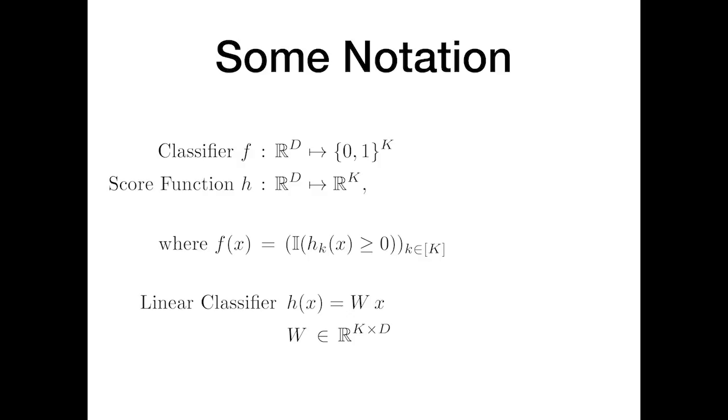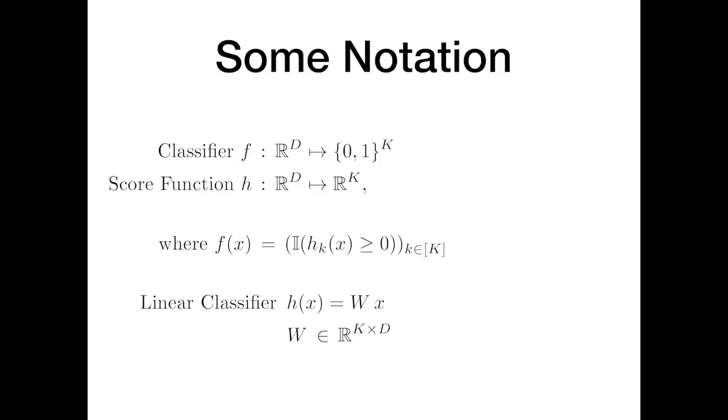Think of it as actually K different functions, h_1 through h_K. And so my classifier f would just be thresholding each of these K functions. If it is greater than 0, I will mark that bit as a 1. If it is less than 0, I'll mark it as a 0. And so this is my classifier, and this is my score function.